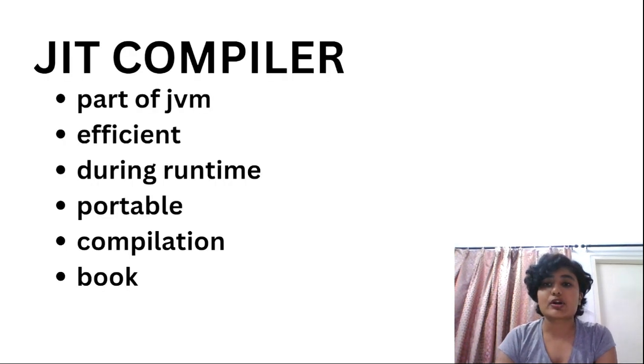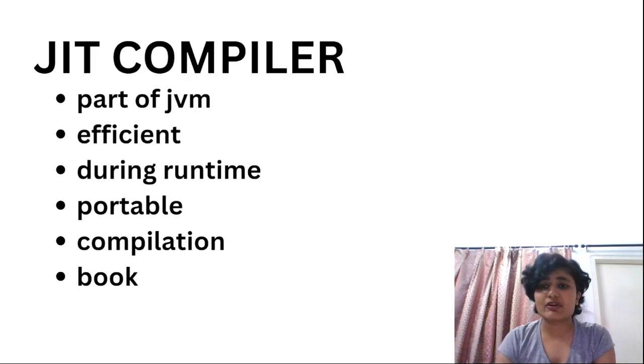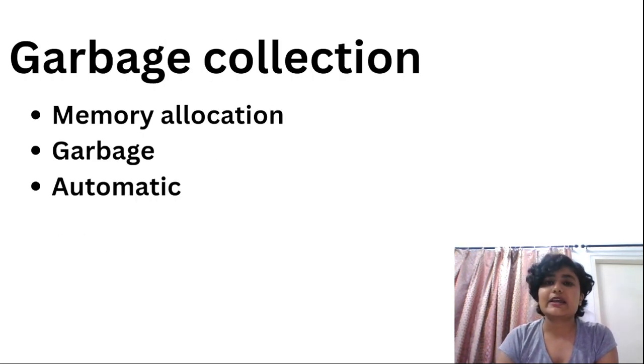And we spoke about the just-in-time compiler, which makes the working of JVM more efficient because it happens during runtime, while JVM happens after its runtime. I gave the example of a book as well. After that, I spoke about garbage collection, that is the automatic memory deallocation of objects. I spoke about how objects are allocated.